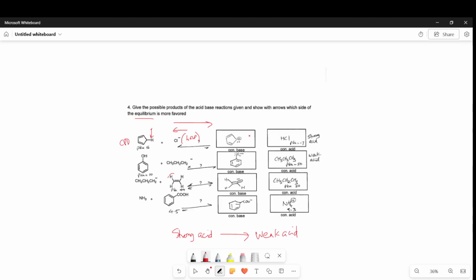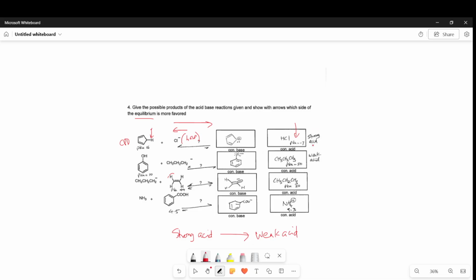In other exams, I also wanted students to know which one is the conjugate base or the conjugate acid. In this case, I already gave you which ones are the conjugate acid and conjugate base, but you need to be able to identify them. So here the pKa of hydrochloric acid, which is formed by Cl minus and the hydrogen here, is minus 7.